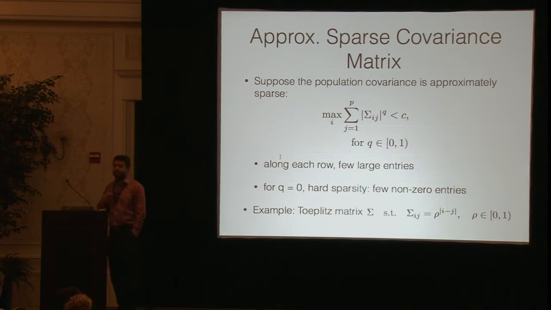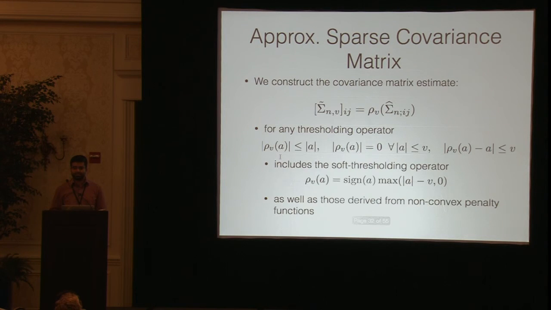If I know the population covariance matrix satisfies this property, then I can modify the sample covariance matrix, which is not consistent in various operator norms, to something that's not only consistent but has better properties. One thing I could do is just threshold the sample covariance matrix entries. Sigma hat n is the sample covariance matrix, and I'm going to apply some thresholding operator which satisfies some properties. It could range from the soft thresholding operator or the hard thresholding operator or various other operators. Okay, that's it.